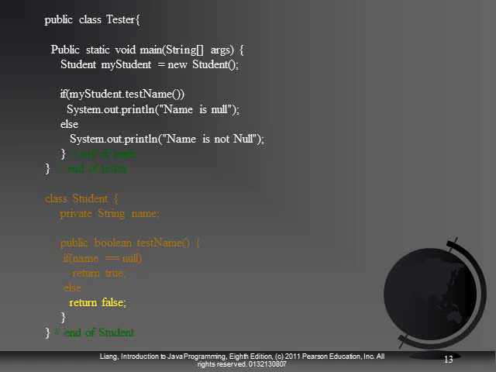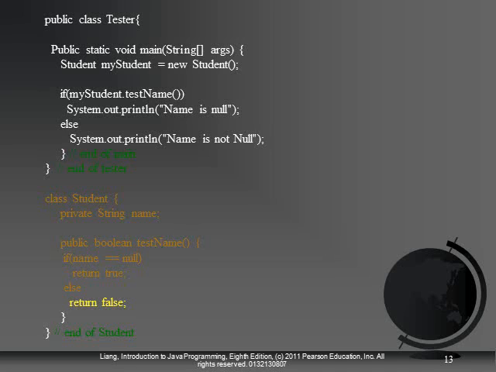Now, the demonstration in the tester program is to display the returned value of the test name method. Note, in the student class, name is not initialized, so its value is null, and the test name method will return true. Furthermore, you would not get away with not initializing a variable in tester. Programs don't like not initializing variables.